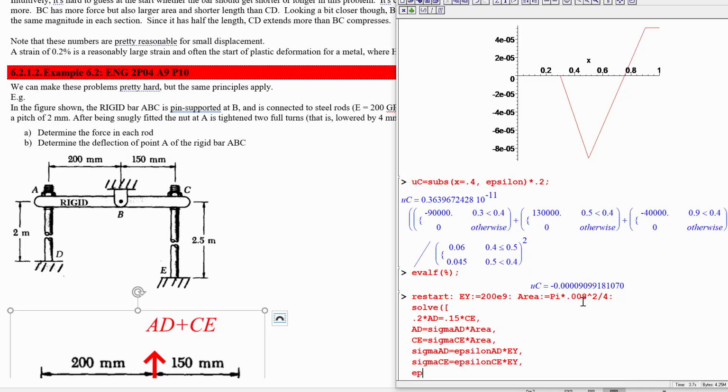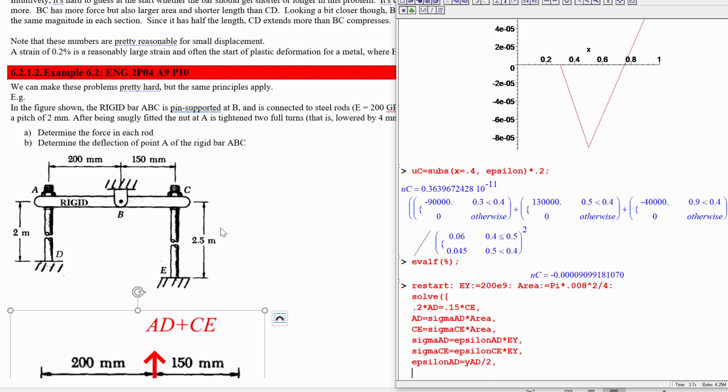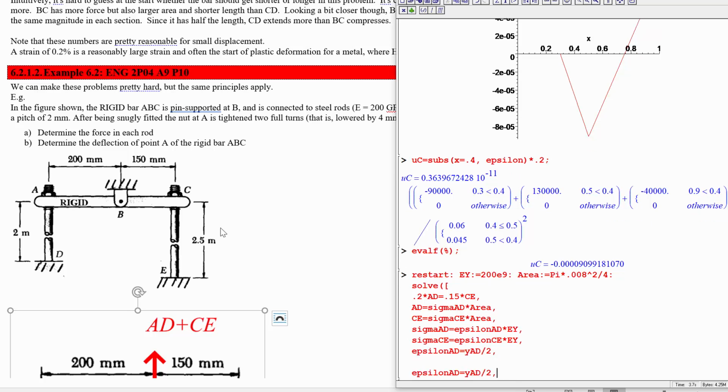Well, the tensile strain in AD is equal to the upward y displacement, y AD, the amount that this point has moved up, divided by the original length, which is 2 meters. And same thing for the other one. So epsilon CE, strain in this one, is equal to the amount that it's moved up, YCE, also divided by the length of it, which in this case is 2.5 meters.